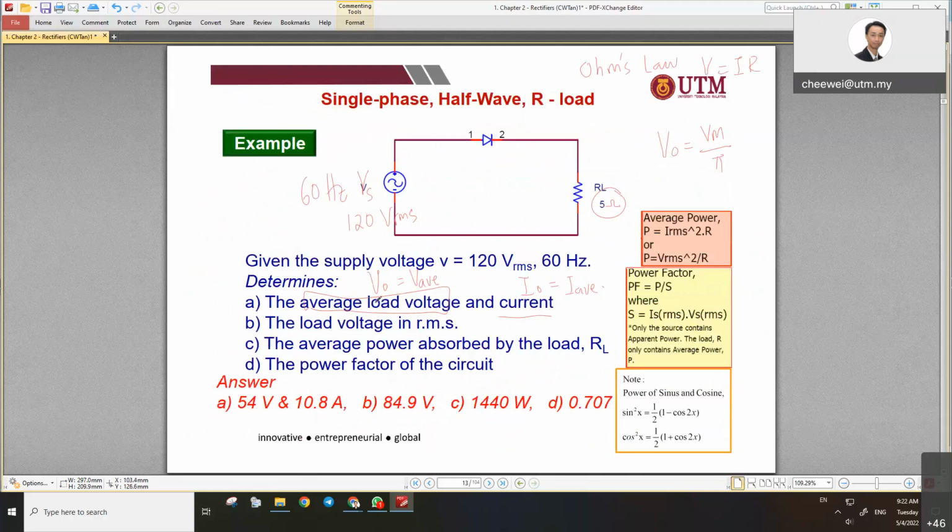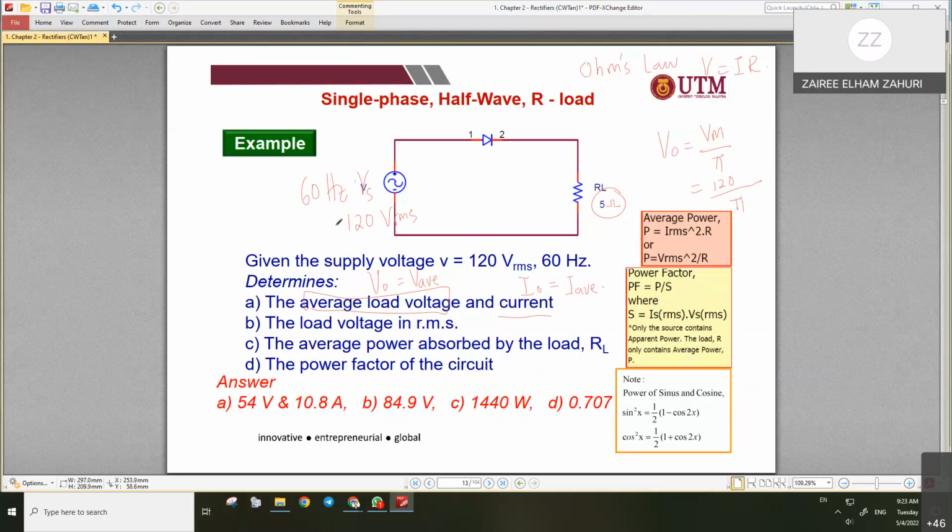So you calculate Vm. There's no Vm given. How do I calculate? How do I know what is the Vm? Vm is 120? Is it correct? So what is Vm? 1.414 times 120.